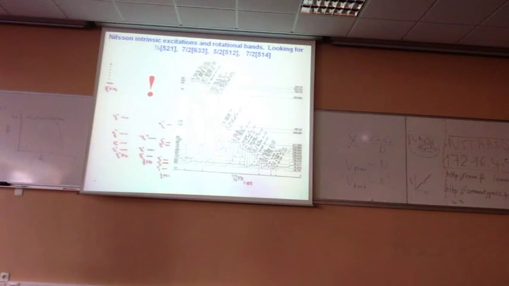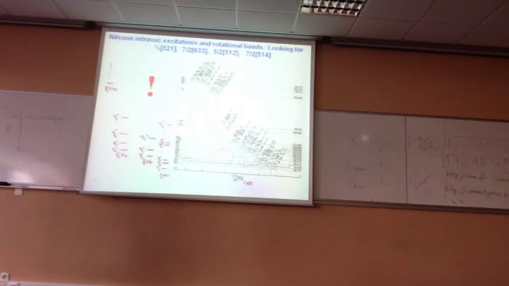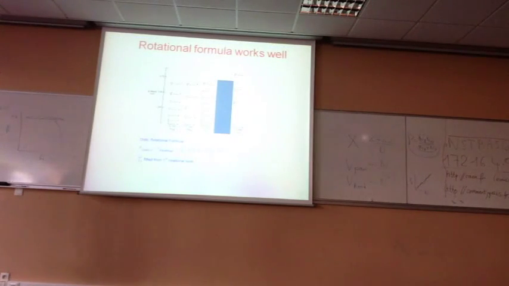Oh, so this is an important point. I just want you to appreciate how incredibly simple this is and how it basically works. What about these predictions of the rotational energies? All that's doing is adding in this J times J minus 1 minus J0 times J0 plus 1 for the first state of the band.